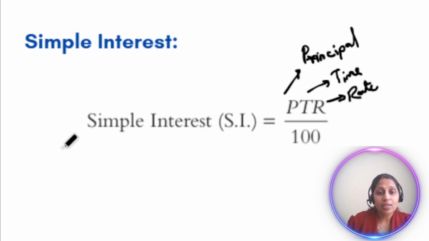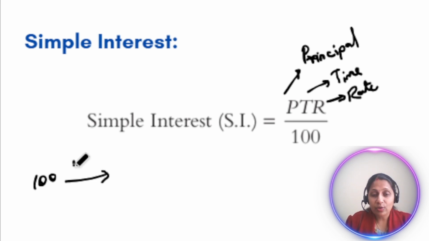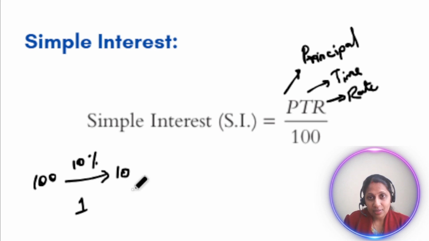Say for example, if I am getting 100 rupees at a rate of 10% for a period of 1 year, then at the end of 1 year, I have to pay this 10% interest, which is 10 rupees, plus the 100 rupees which I got initially.